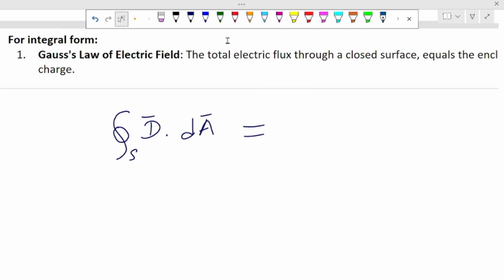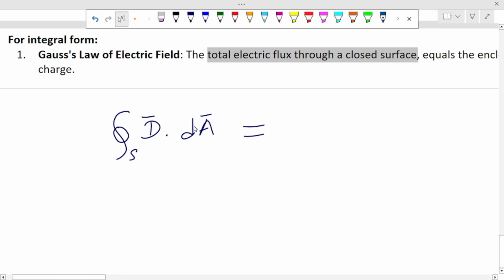So we have expressed this part mathematically: total, we have the integral sign; electric flux, we have this; closed surface, we have the closed surface integral.